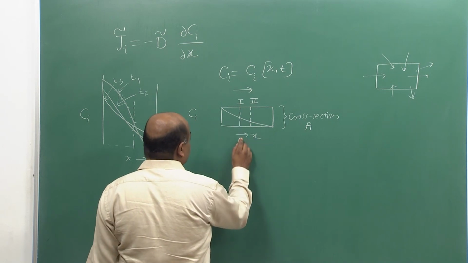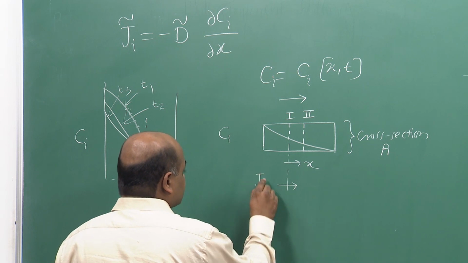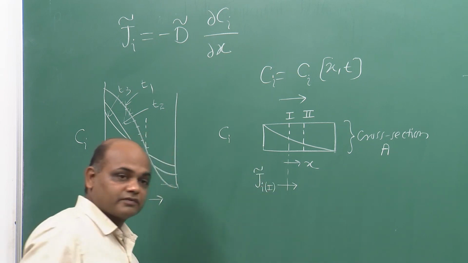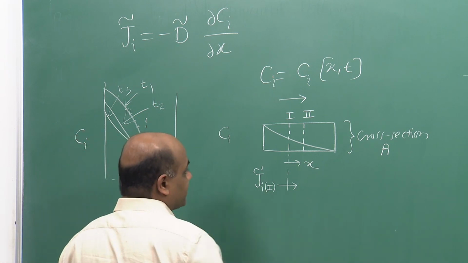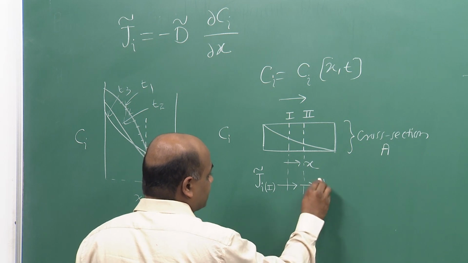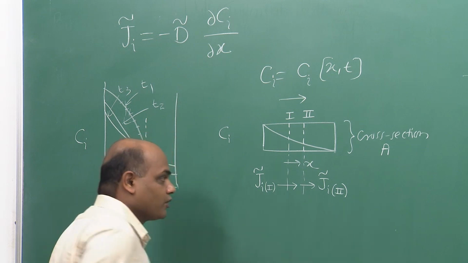Let us say at plane 1 the flux is J I tilde 1, and this is at a given time t I am talking about, right, and at plane 2 the flux is denoted as J I tilde at 2.